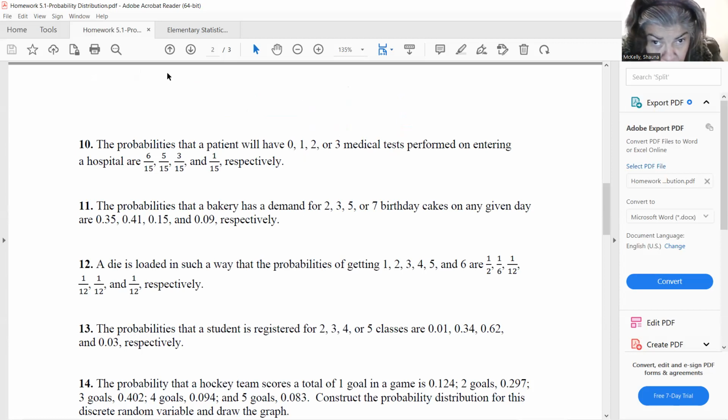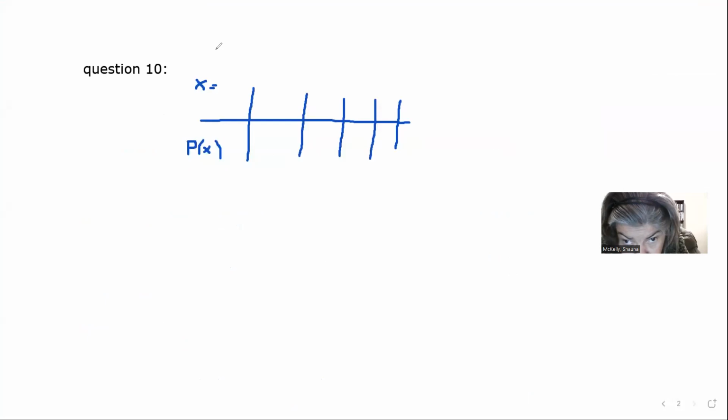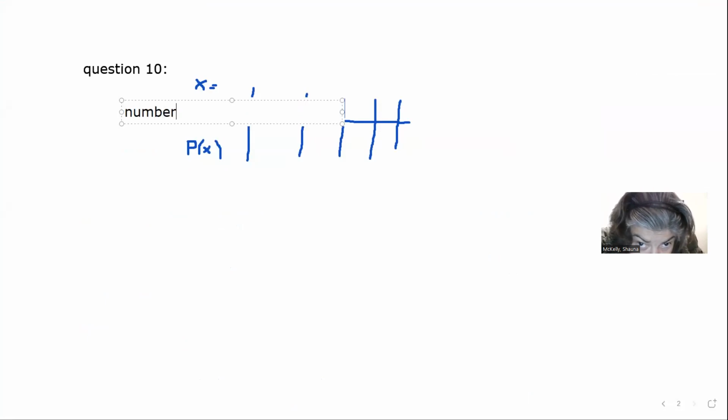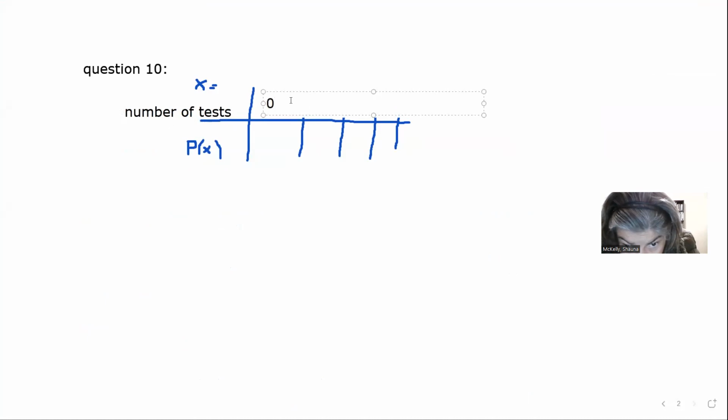So X is the number of tests, okay? And we're going to have 0, 1, 2, or 3 medical tests performed, okay? 0, 1, 2, or 3.